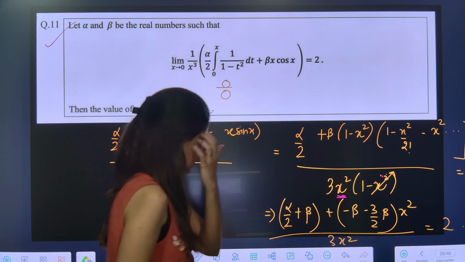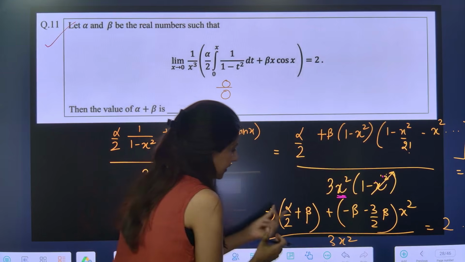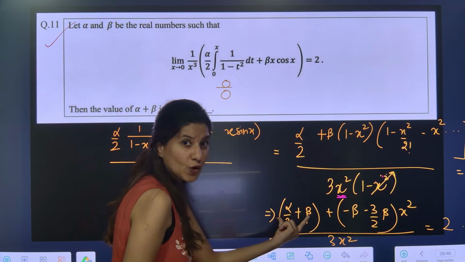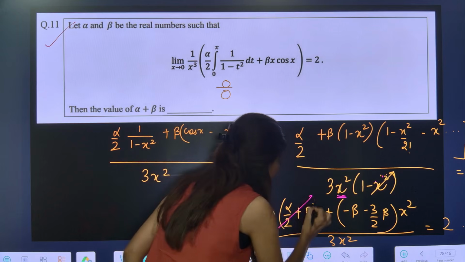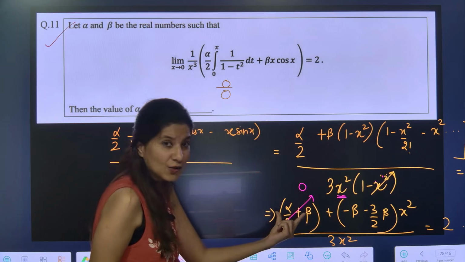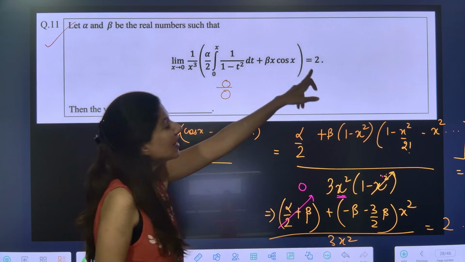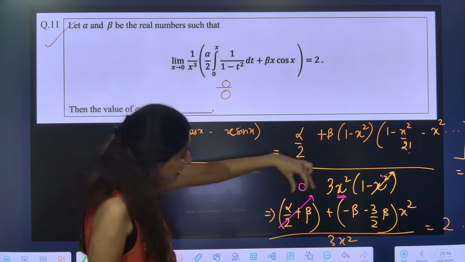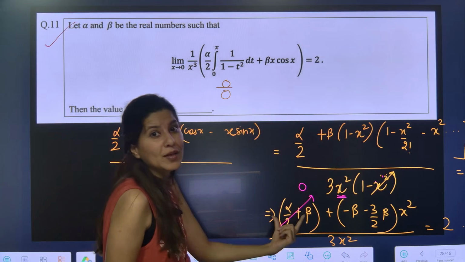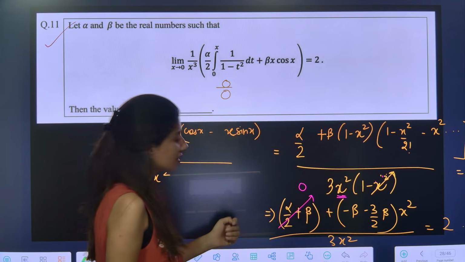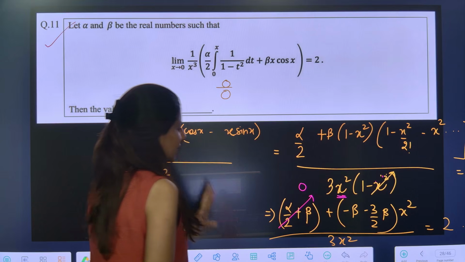Please note, limit x tends to 0. Please note that alpha by 2 plus beta is a constant term. This has to become 0. If this is not 0, then it will be finite upon 0, which will become infinite, and which will not be equal to 2. This has to go. This is the glitch in this limit. Okay, so alpha by 2 plus beta equals 0.